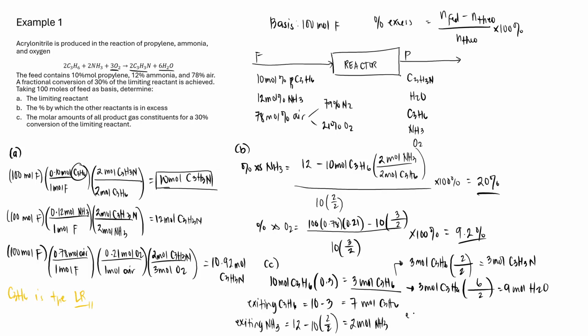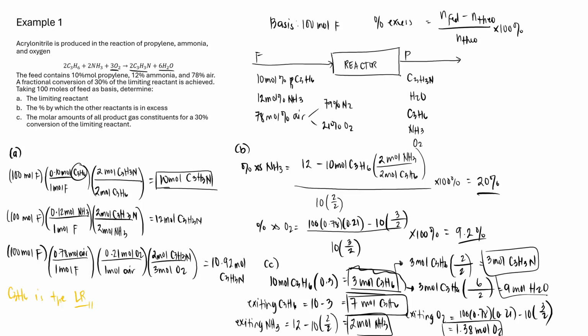And then exiting O2 is 100 times 0.78 times 0.21 minus 10 times 3 over 2, and that should be around 1.38. Okay, that's example 1 done.